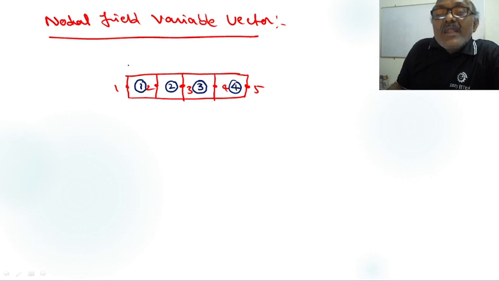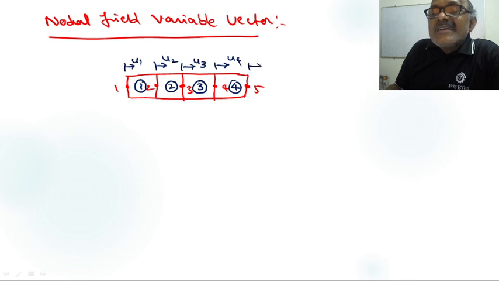For element 1, at node 1 displacement is u1, at node 2 displacement is u2, node 3 displacement is u3, node 4 displacement is u4, node 5 displacement is u5.